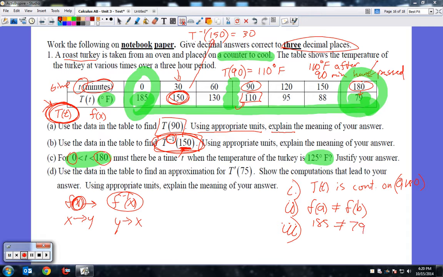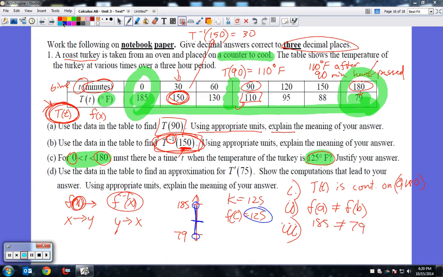Okay? So what we're trying to do is, here's that 185, just like we did on the other problems. Here's that 79. We're basically saying let k equal this 125. So f of c is this 125, and the stipulation that must exist for your theorem to hold is this established k value must be somewhere in between here and here, which it is.